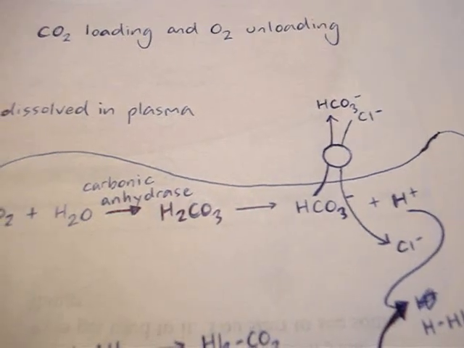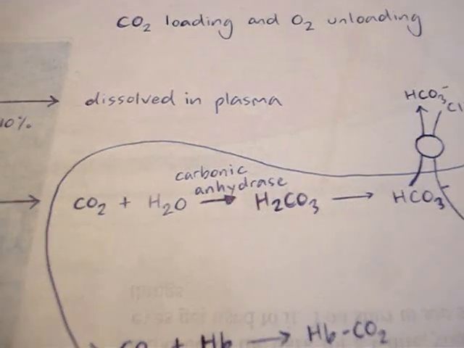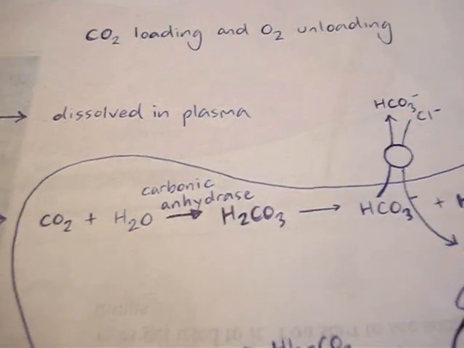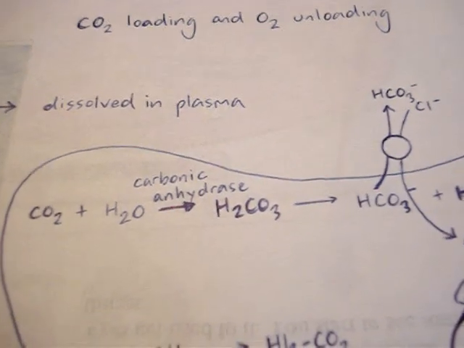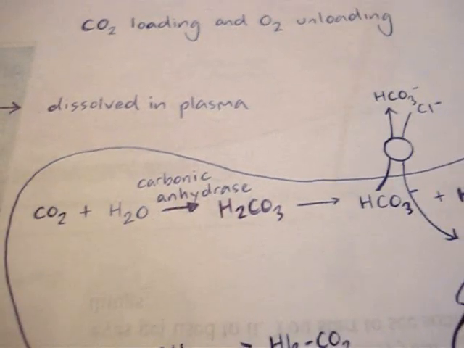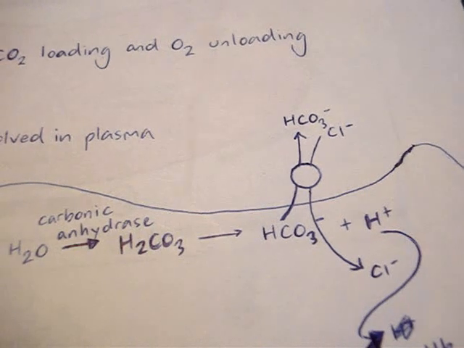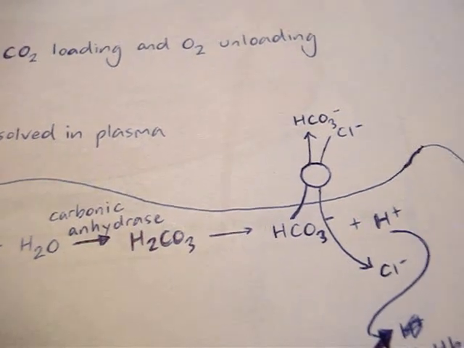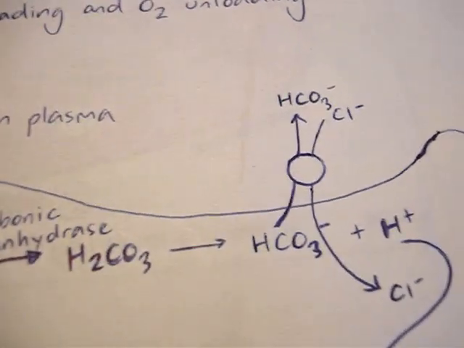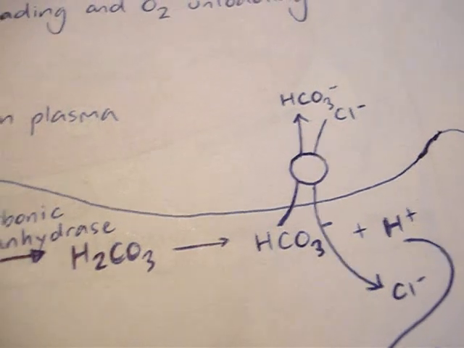So in order to get rid of the bicarbonate ions so that more carbon dioxide is being converted into carbonic acid, it undergoes a process called chloride shift. As you can see, that circular object is a membrane protein.